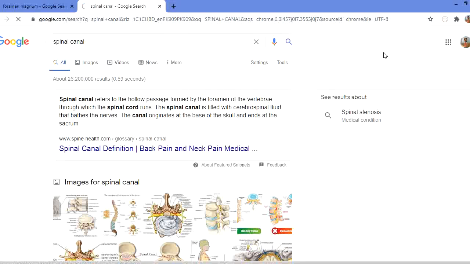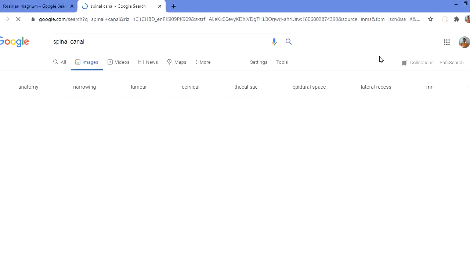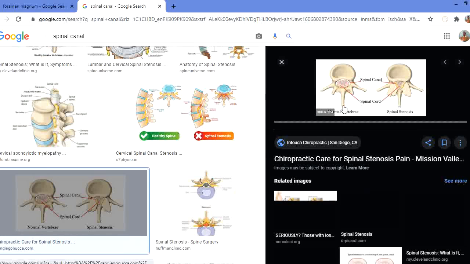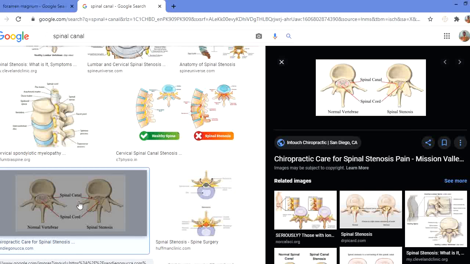You will see over here that this is the spinal cord. This is a bit smaller in size. This spinal cord is inside a hole inside the vertebral column.